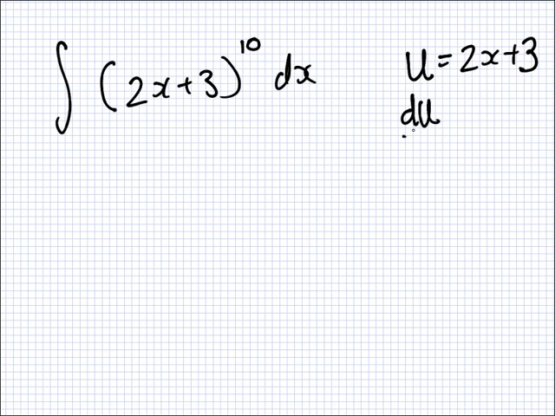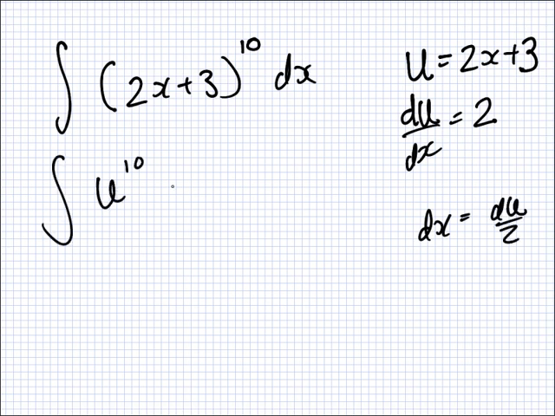So du/dx equals 2, so dx is du over 2. This becomes the integral of u to the power 10 du over 2. I'm going to take the half out.